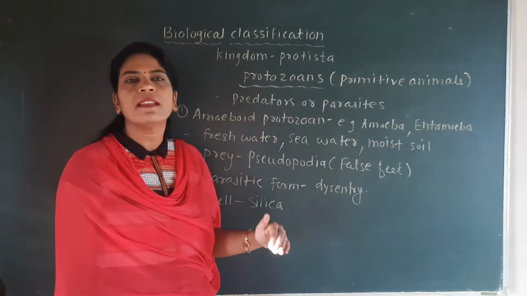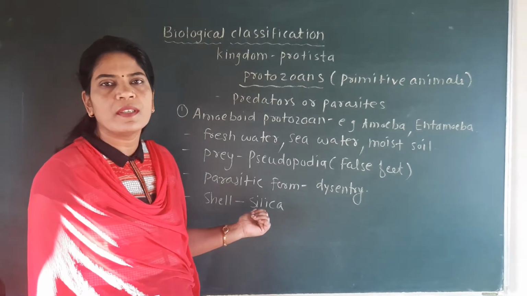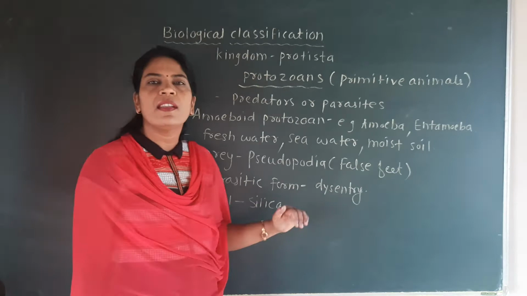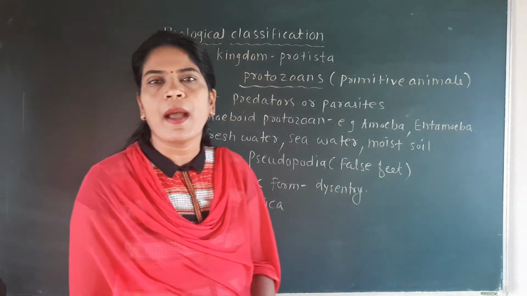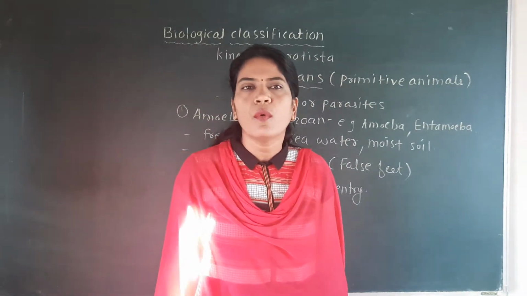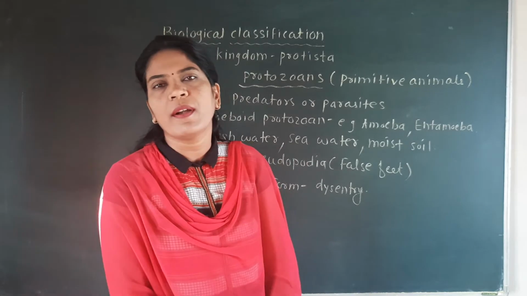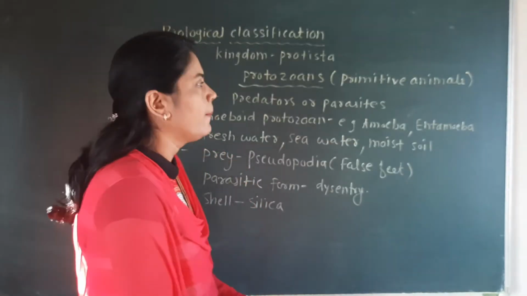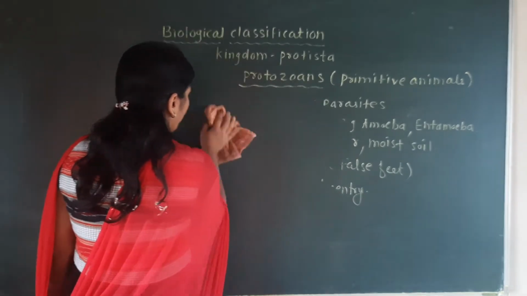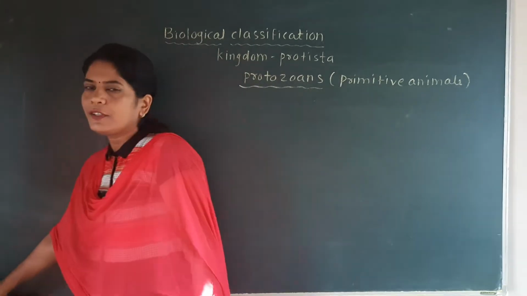Their examples: amoeba, entamoeba; silica, which is the outermost covering of the shell in some amoeboid protozoans, not in all; dysentery, the disease caused by the entamoeba; and pseudopodia, which is called false feet. These things are only found in amoeboid protozoans. So these points are very important. Read them carefully. Then the second group of protozoans is called the flagellated protozoans.